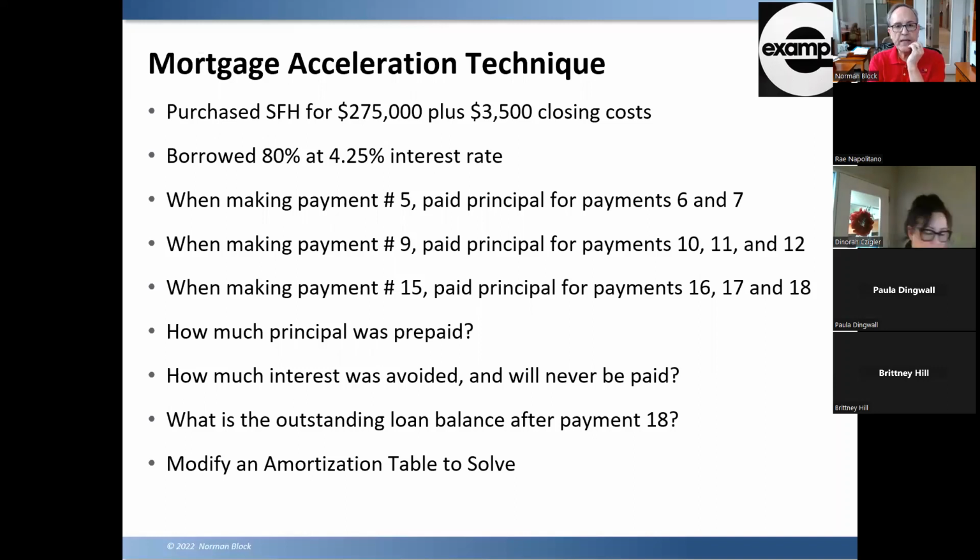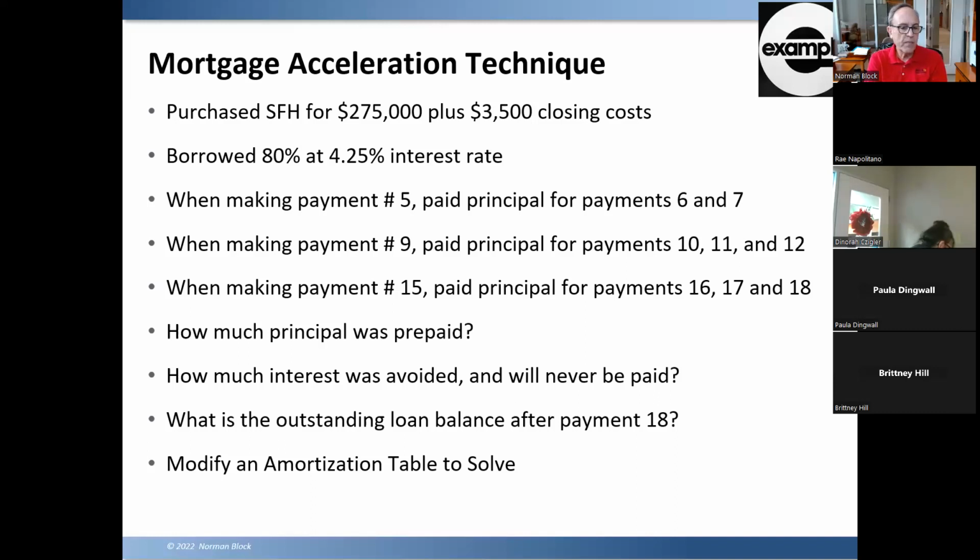And we borrowed 80% of the purchase price at 4.25%. And then I'm giving you some specifics here. This is printed, so you have it in your book. You can have it in front of you. It says when you make payment 5, you pay principal for payment 6 and 7. When you pay payment 9, you pay principal for 10, 11, 12. When you pay 15, you pay 16, 17, and 18.